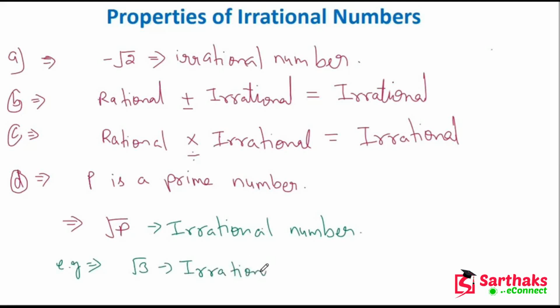Same as under root 11, under root 5, all these numbers are irrational numbers because they are the under root of prime numbers. I hope you got this point.